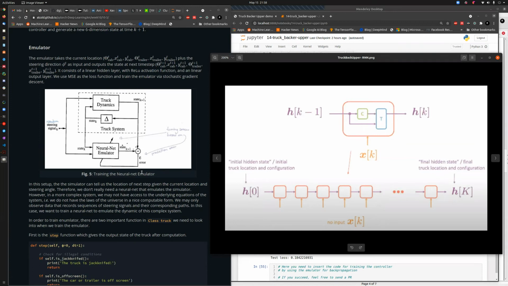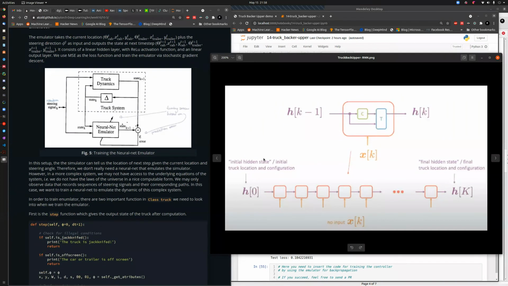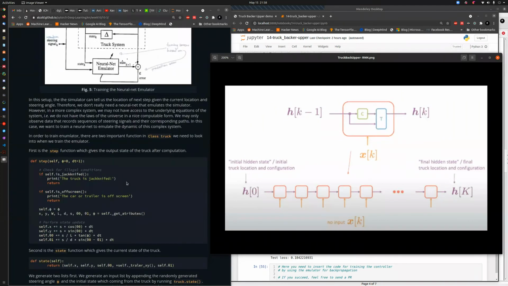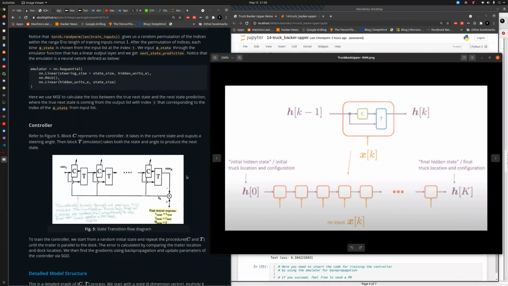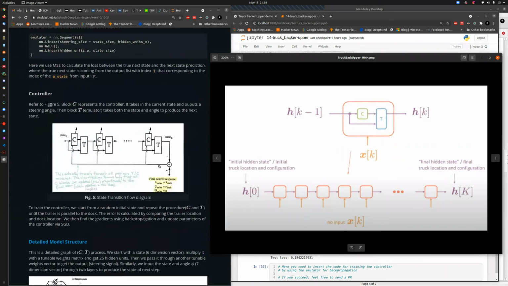And we can see this representation using the emulator on which it is based. This is represented here. This is with respect to the controller, the C and the T blocks here.